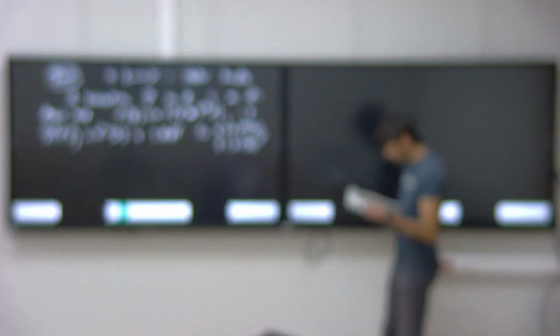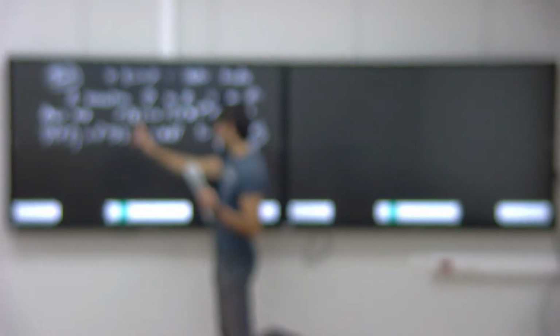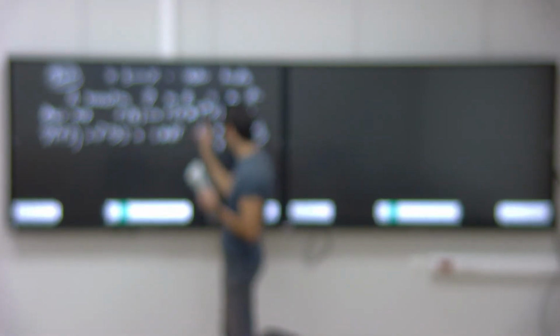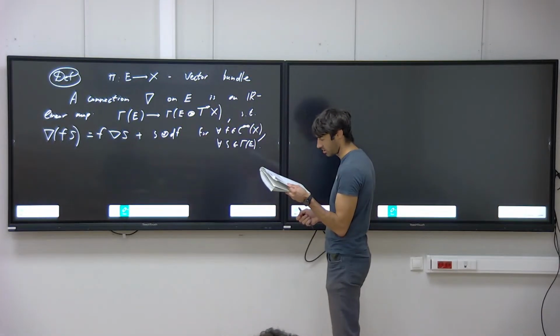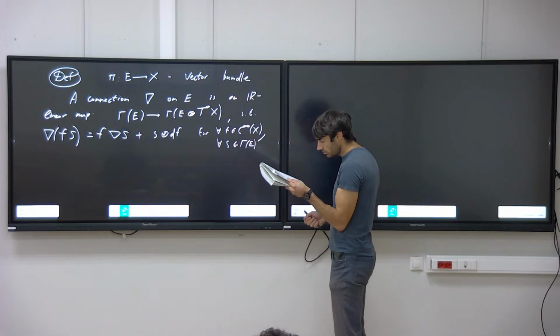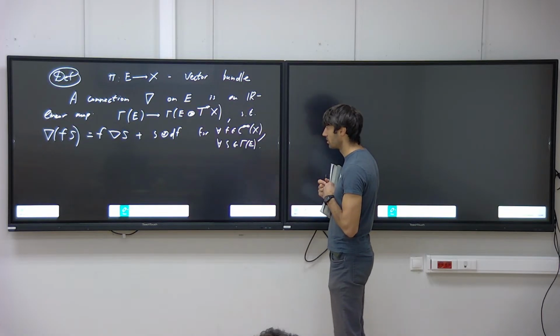Right? And then we talked about how two connections differ by a section of E star tensor E tensor T star X. Okay, so we need to go to coordinates.